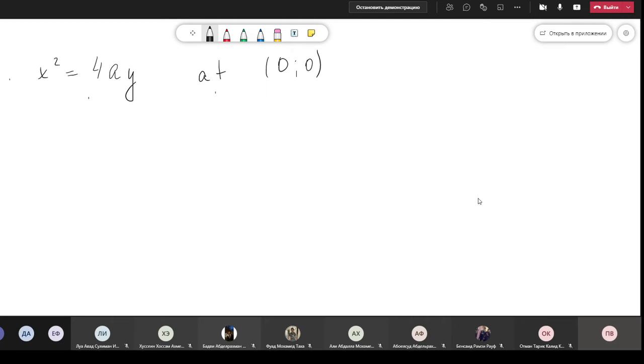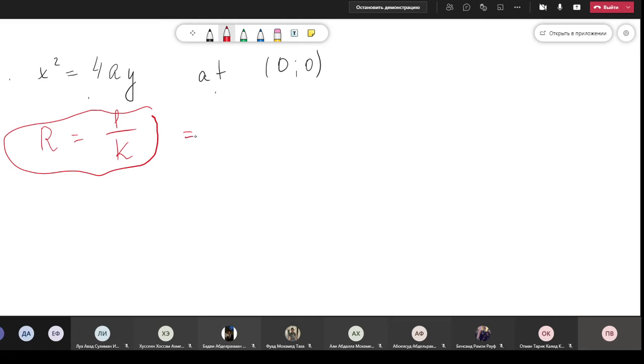Radius, and we know that radius of curvature equals 1 over curvature. It is the formula. It means we must calculate curvature.